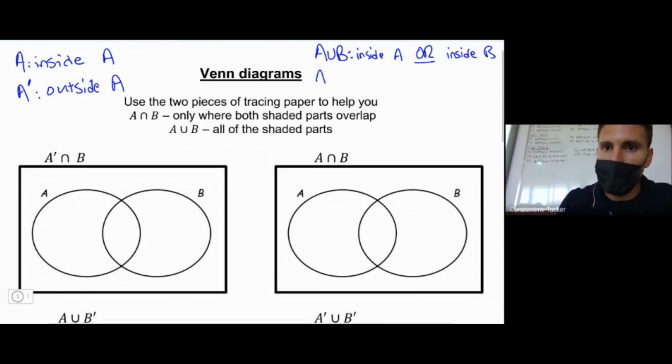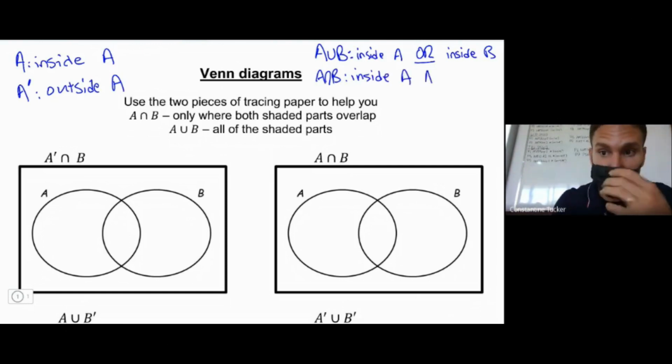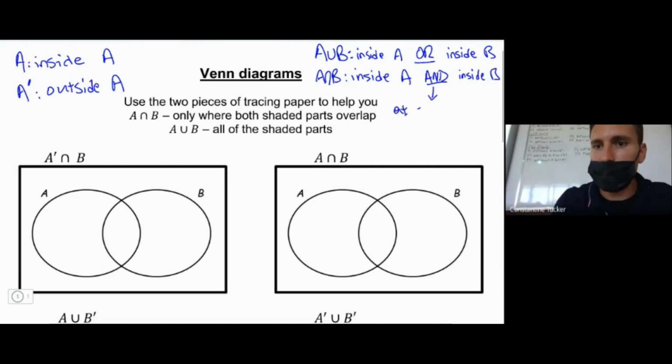And finally, A intersection B, the way we will translate this is inside A and at the same time inside B. This and is a special and, it means at the same time. So I'll make a note here, this and means at the same time.